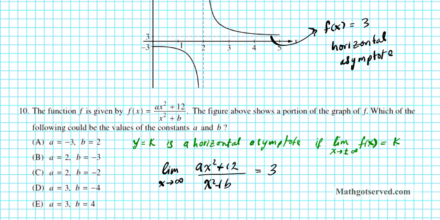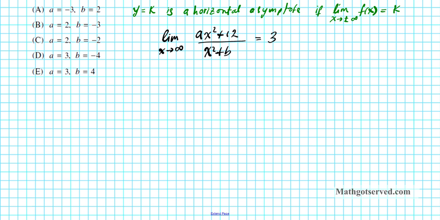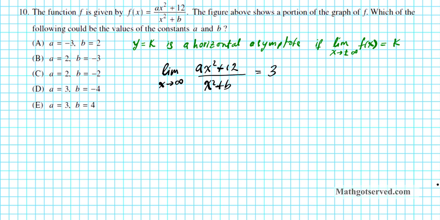So let's solve this equation and it will tell us what a is. You might be concerned about b, but you're going to see that it's not a valid concern. If you're looking at the limit as x approaches infinity, you only focus on the terms that grow the quickest.